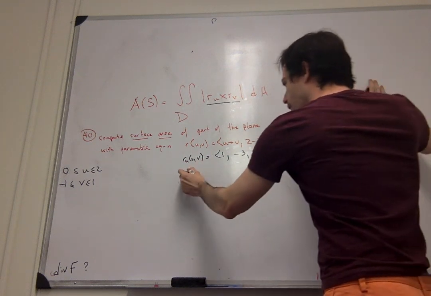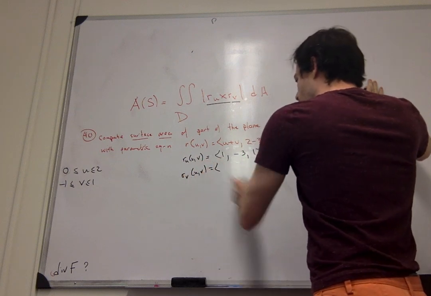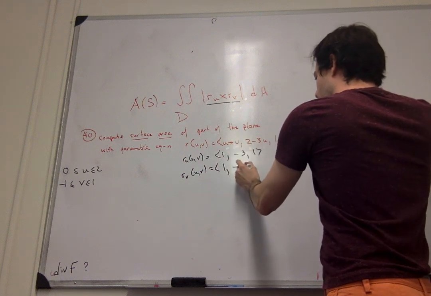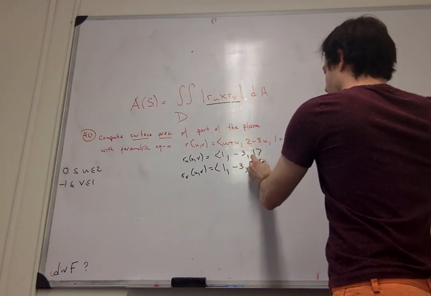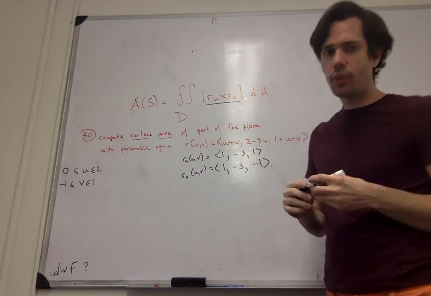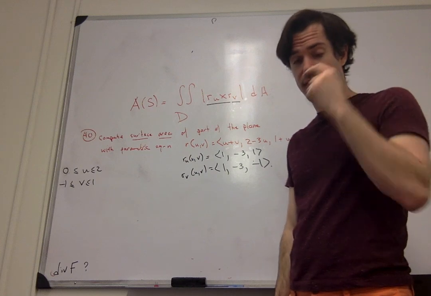Rv, this is going to equal 1, minus 3, and minus 1. Okay, so this is something interesting to note.